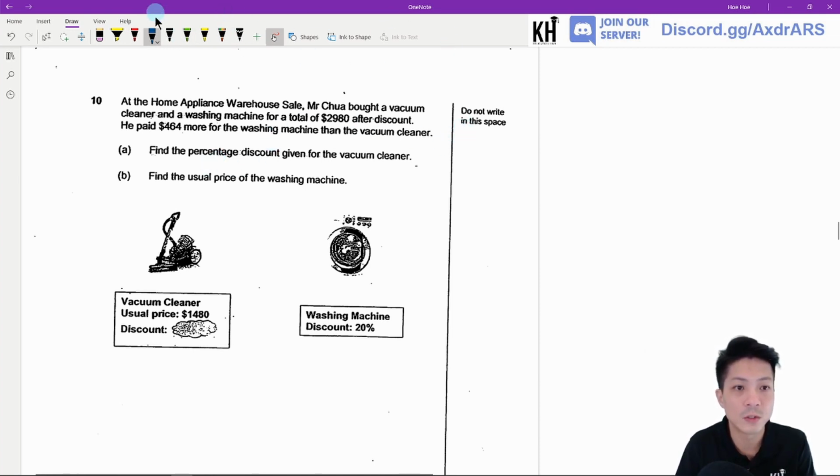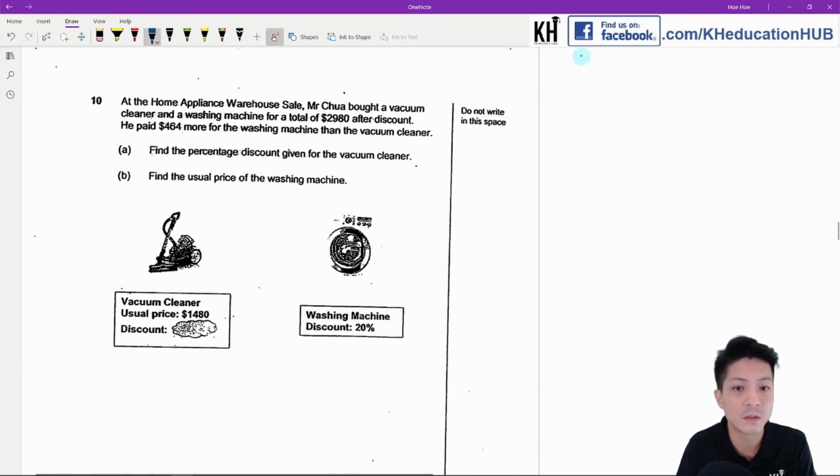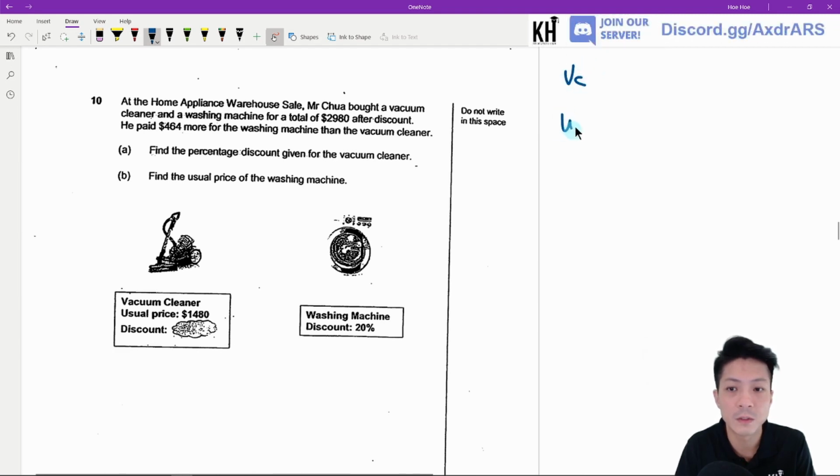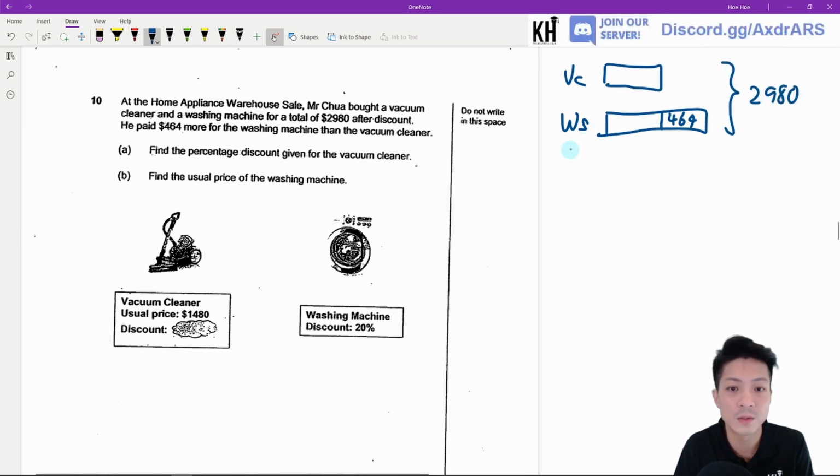Okay, so we're gonna draw a simple model for this. Vacuum cleaner and washing machine. He paid more for the washing machine, 464. A vacuum cleaner, and the total will be 2980.